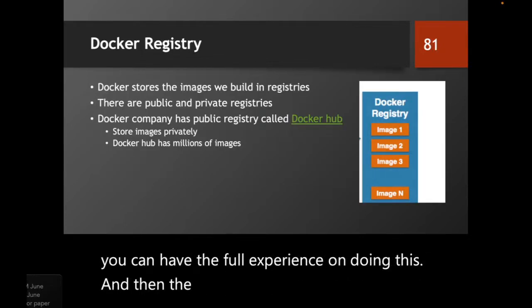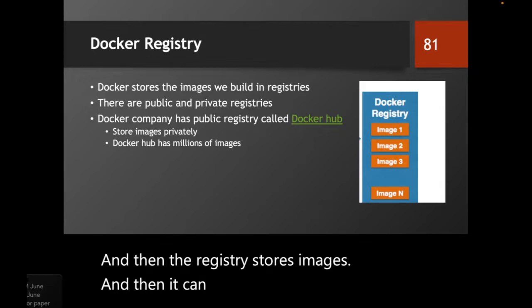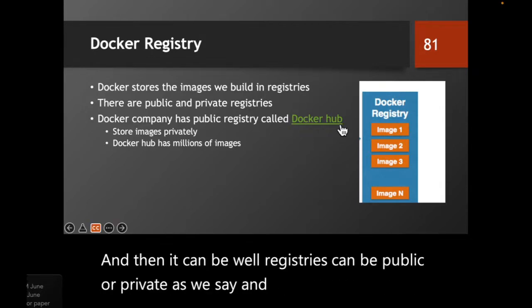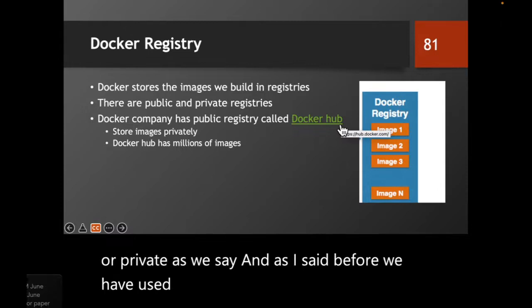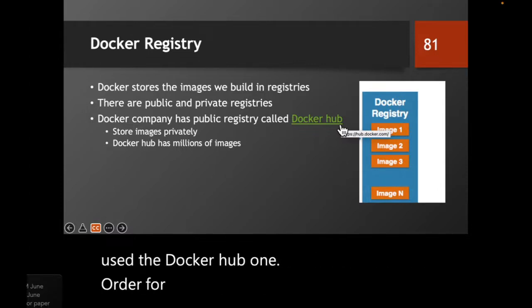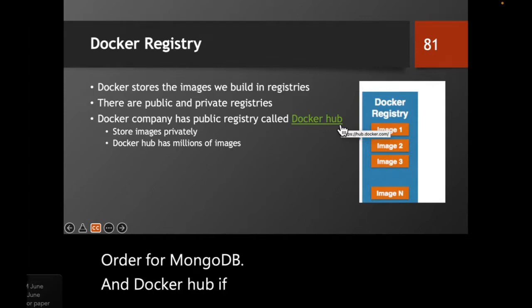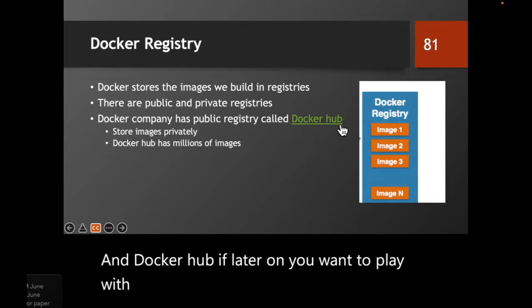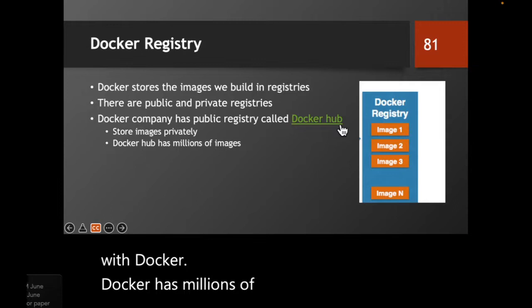And then the registry stores images. Registries can be public or private, as we said, and as I said before, we have used the Docker Hub one for MongoDB. If later on you want to play with Docker, Docker Hub has millions of images of everything.